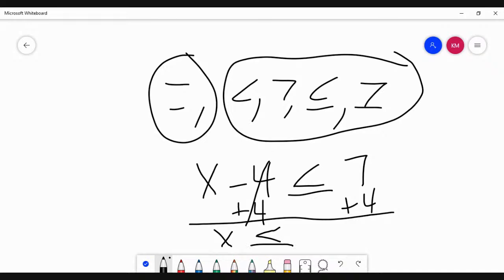And 7 plus 4 is 11. So now, on a number line, zero here, 11 here, negative 11 here. And since x is less than or equal to, you must shade and go to the left.